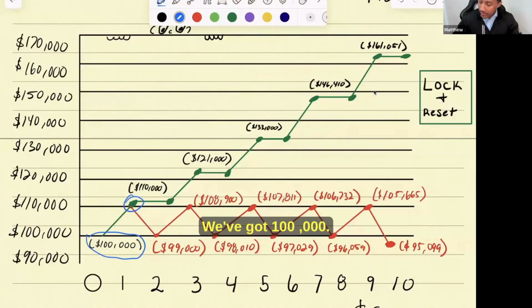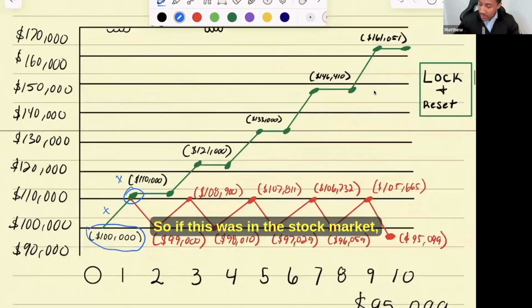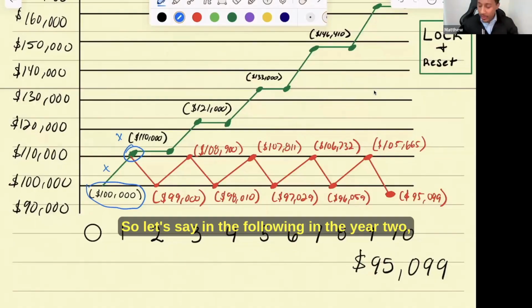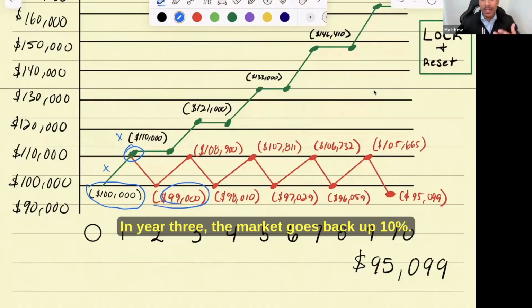We got 100,000, and then in year one, we earn 10%. So your account balance is 110,000. So if this was in the stock market, you earn 10% in year one. Let's say in year two, the market tanks, and now you're at 99,000. In year three, the market goes back up 10%.